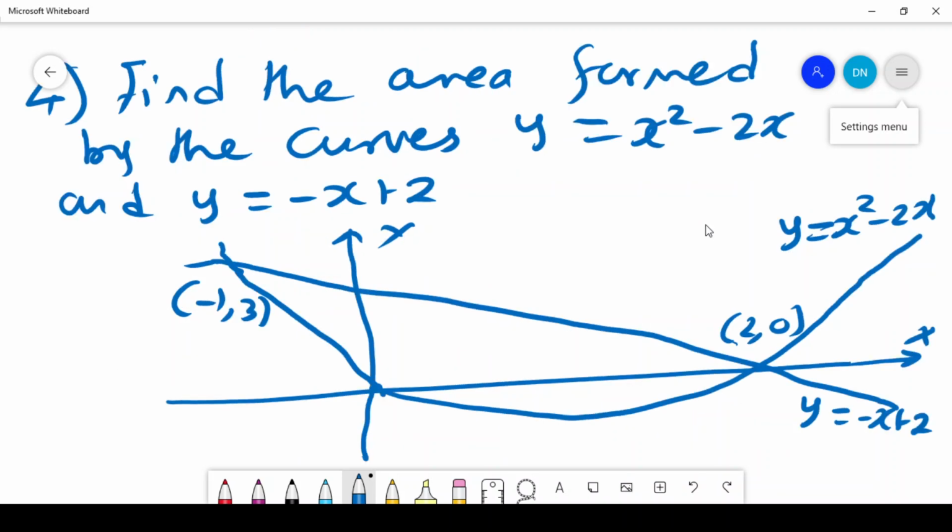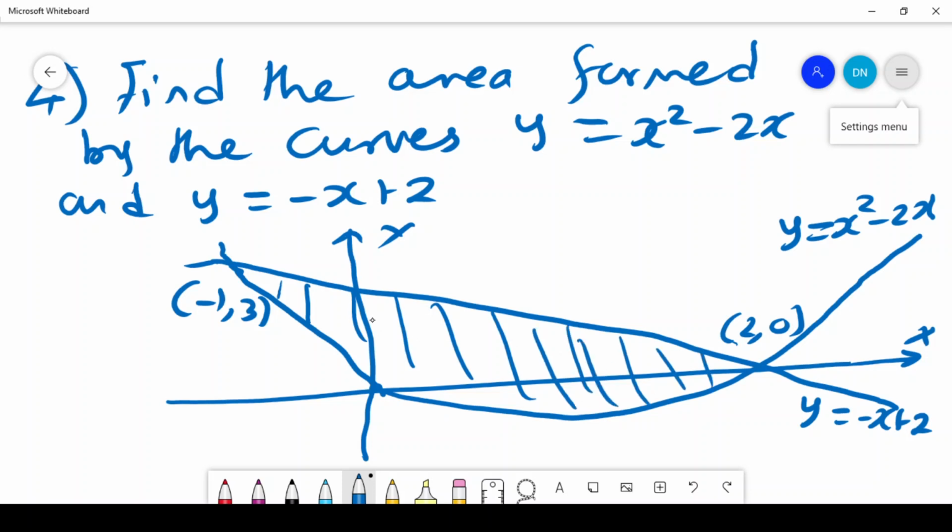Next, the area formed by the curves y equals x squared minus 2x and y equals minus x plus 2. If you plot them, that's the type of graph that you have. We find that y equals negative x plus 2 is on top of the other curve. And we are interested in the area that is formed in this zone.